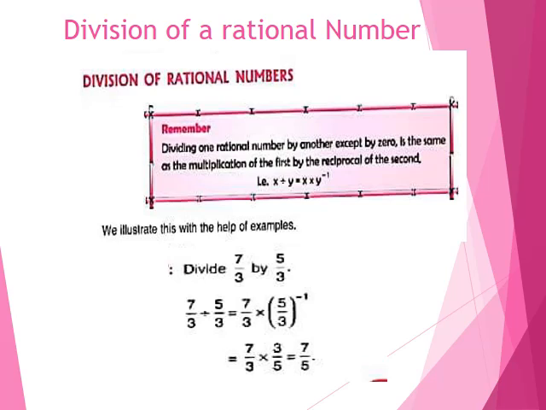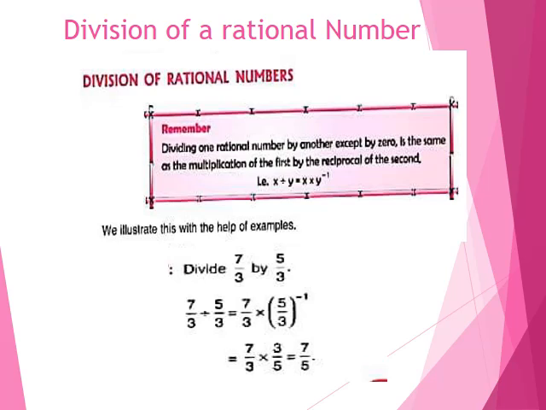Instead of reading it, we can write and show it is a reciprocal. So in the bracket put the power as -1. It means the reciprocal of 5 by 3. So what is the reciprocal of 5 by 3? Its reciprocal is 3 by 5.